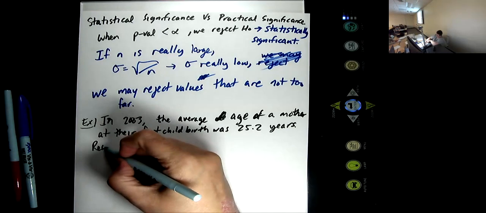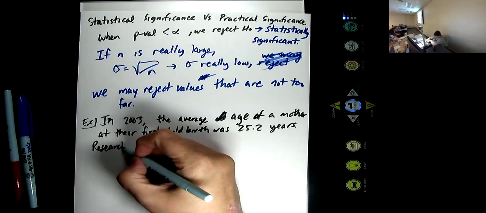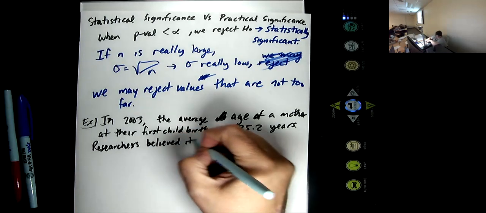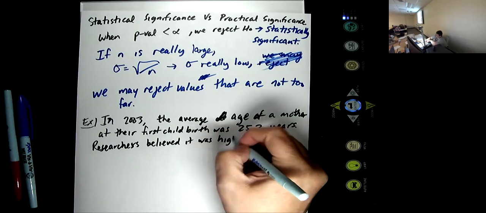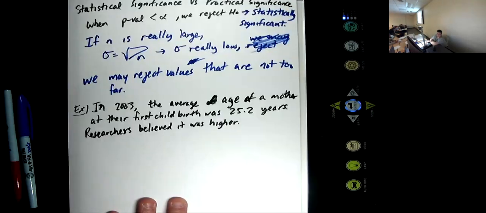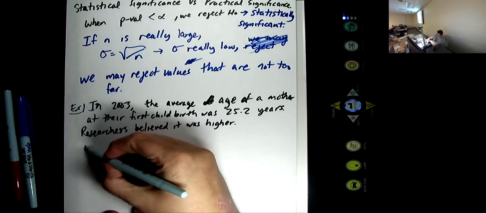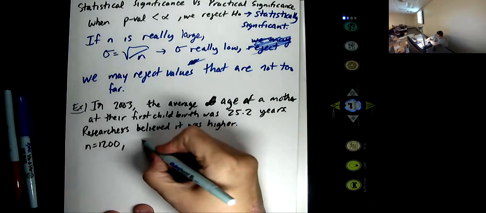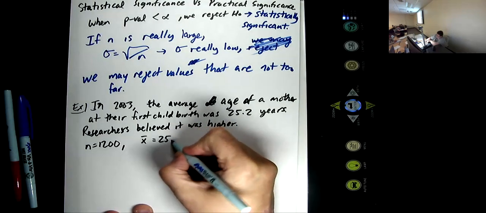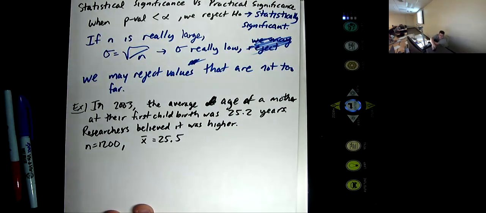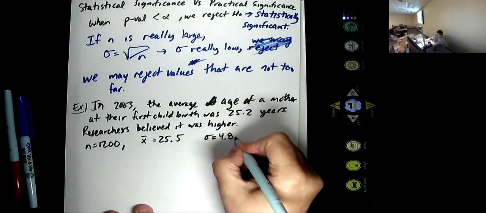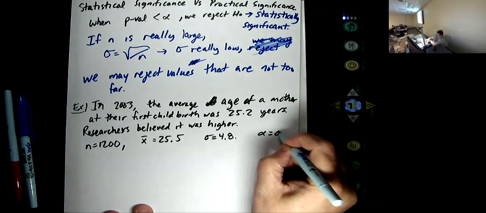Researchers believed it was higher. They used n equals 1200 and found a sample age of 25.5 with a standard deviation of 4.8. We're going to test their claim at alpha equals 0.05.